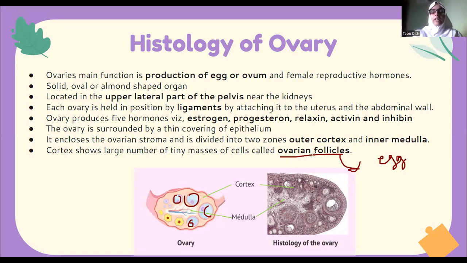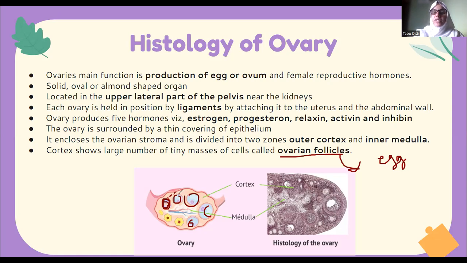There are many follicles known as primordial follicles, which are there from birth. As the female hits puberty, one egg gets matured every month. We are going to look at this development process in detail in the next video.